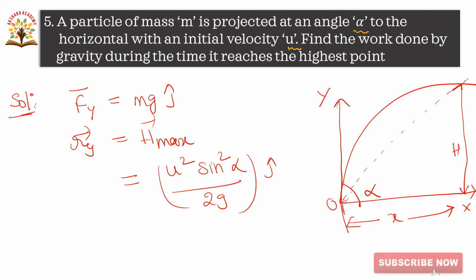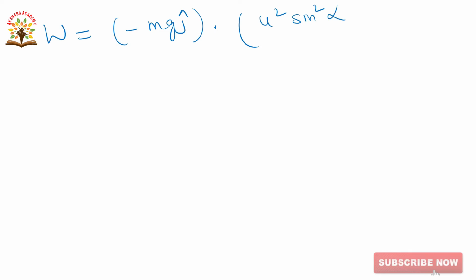Now calculating work done, W is equal to F dot R. So W is equal to minus mg j cap dot product of u² sin²α/2g j cap.